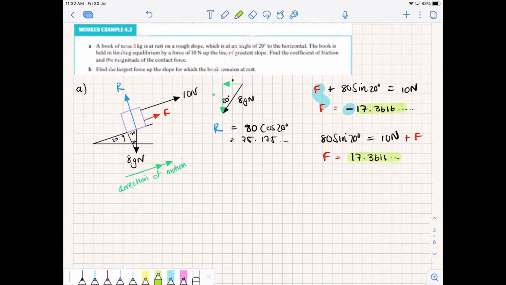Right? It's not like I got a different answer. It's the same magnitude. It's just the direction of the force is different to what we assumed at the beginning. Okay? So what's happening here is this 10 newtons of force pulling up the hill is just enough to prevent the book, this massive physics book, right, from sliding down the hill.